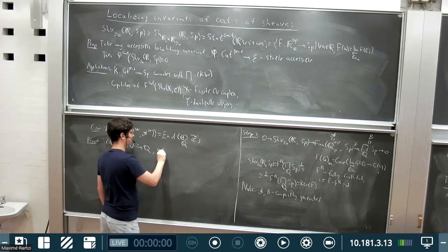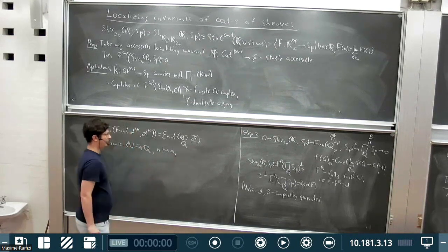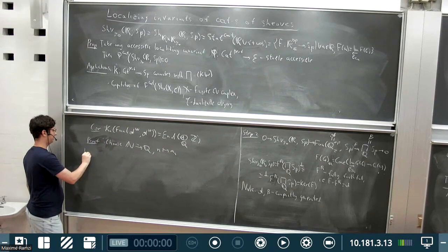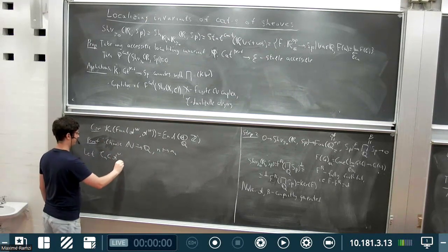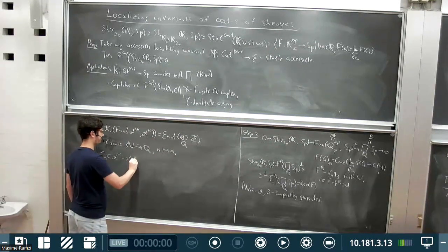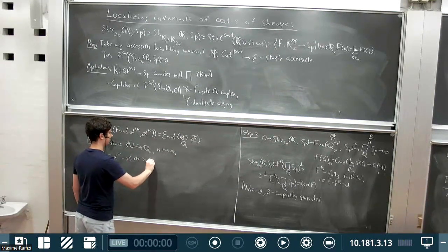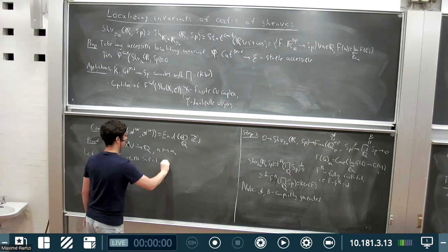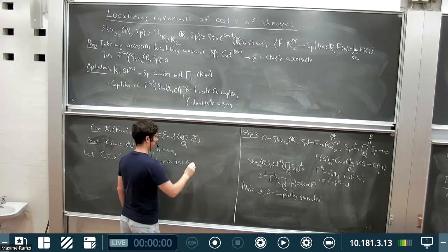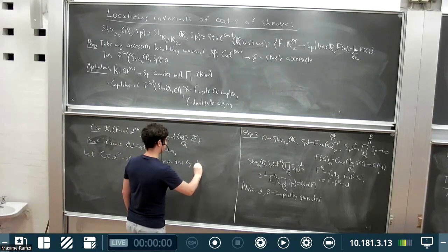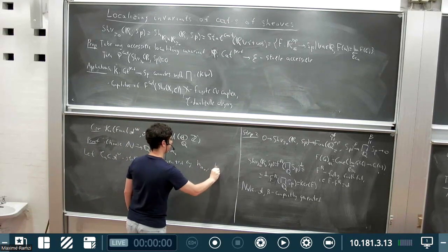So n goes to some a_n, and let Cn inside the omega stable subcategory be generated by these representable sheaves h_a0, etc., h_an.